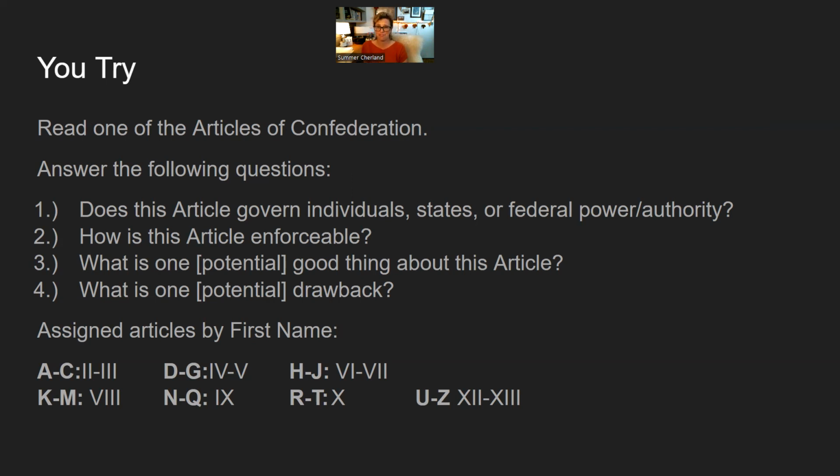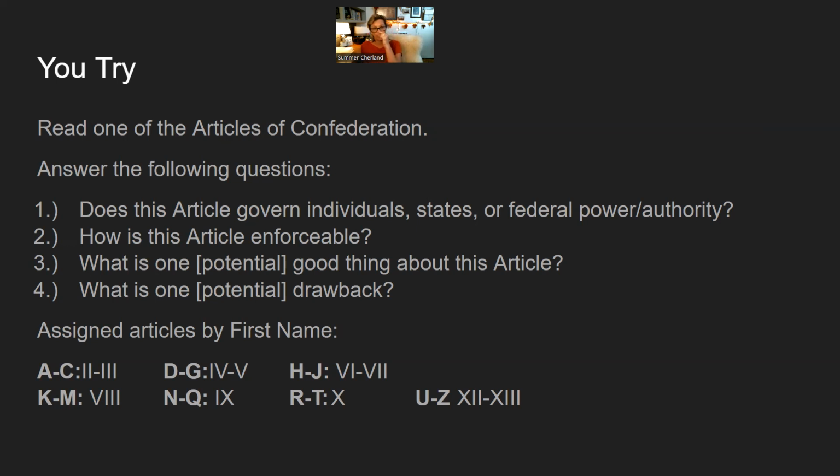How is this article enforceable? How are you going to enforce this? This is really a question I want you to think about. How could you enforce this particular article? What is one potential way? Because it's not going to be identified for you in the articles. It's going to be something you have to infer on your own. What is one potential good thing about this article and one potential drawback?